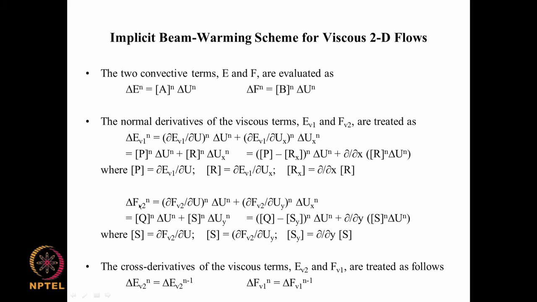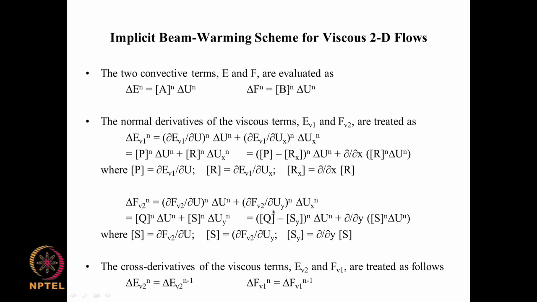Similarly, delta Fv2n is written as this, again Fv2 is a function of both u and dou u by dou y. So, you have dou f v2 by dou u evaluated at the nth time step times delta u n. That gives us part of this delta f v2, and that part which depends on dou u by dou y is obtained in this way: dou f v2 by dou u y evaluated at the nth time step.